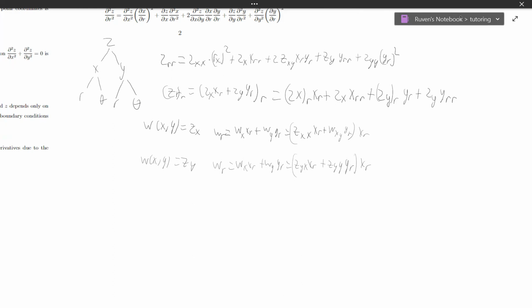So it's going to be z_xx x_r times x_r plus, over here that should be a z, not a w, z_xy y_r x_r, plus z_x x_rr, plus z_yx x_r y_r, plus z_yy y_r, plus z_y y_rr.